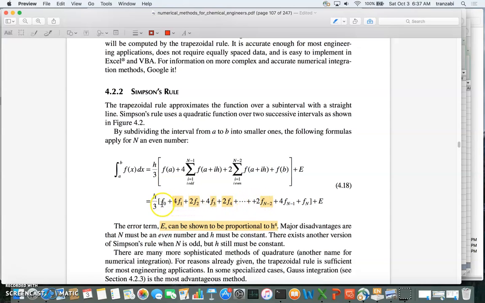So again, the very first one and last one have coefficient 1. The even ones have coefficient 2, and then the odd ones have coefficient 4. Then we just get the sum multiplied by delta x divided by 3.